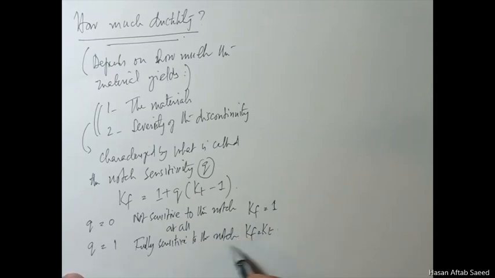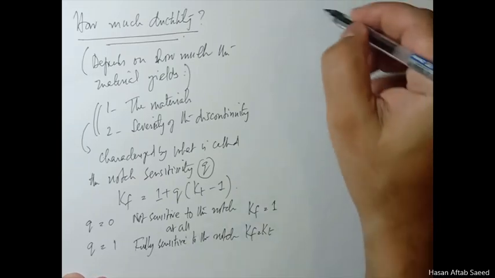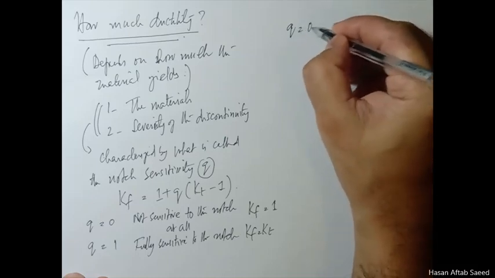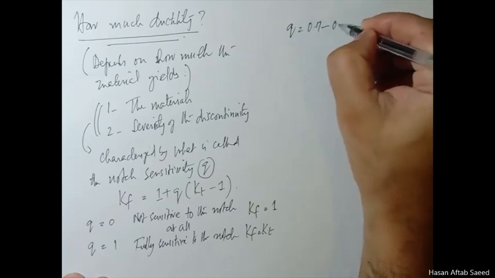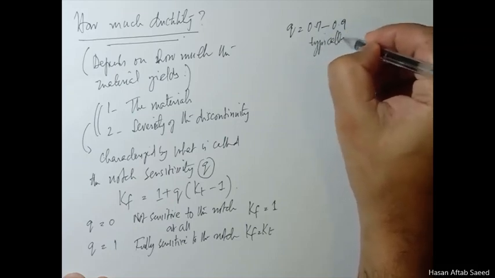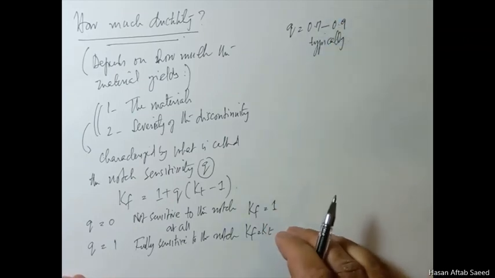Now this also never happens for a ductile material. So what actually happens is, the value of Q lies typically between 0.7 to 0.9. This is the actual range of the ductile materials, those which we use for design usually.